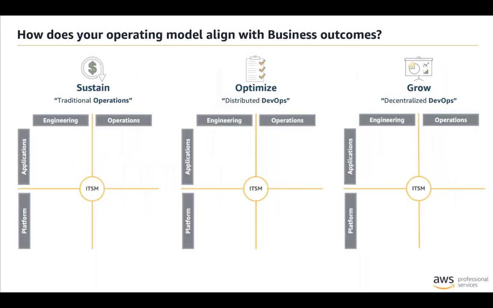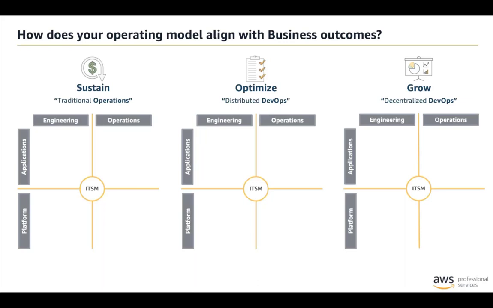Now, let's go back to our 2x2 diagrams to discuss how each of these business outcomes changes who is responsible for a given set of capabilities and processes within these three different operating models. Sustain. You can also think of this as traditional operations. This is nearly identical to the traditional activity-based model that we discussed earlier.